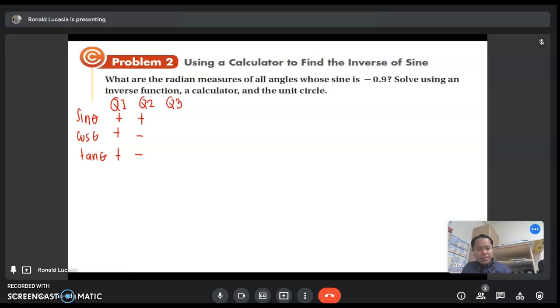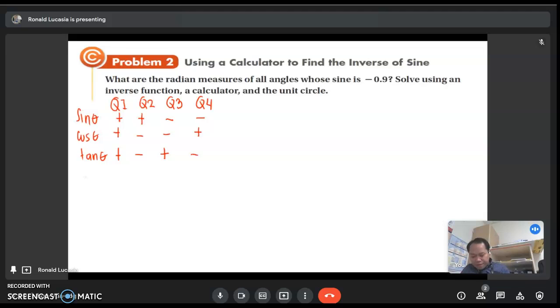Quadrant 3, sine there is negative, cosine is negative, and then the tangent is positive. For quadrant 4, our sine there is negative, cosine is positive, and tangent is negative.